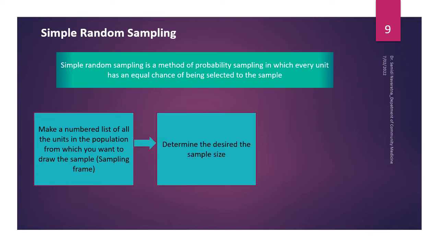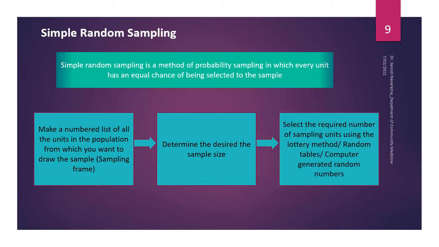Then determine the desired sample size and then select the required number of sampling units using the lottery method, random tables or computer generated random numbers. So I think the lottery method is simple enough for you to understand. I'll discuss the random tables and the computer generated random numbers in brief in the next couple of slides.